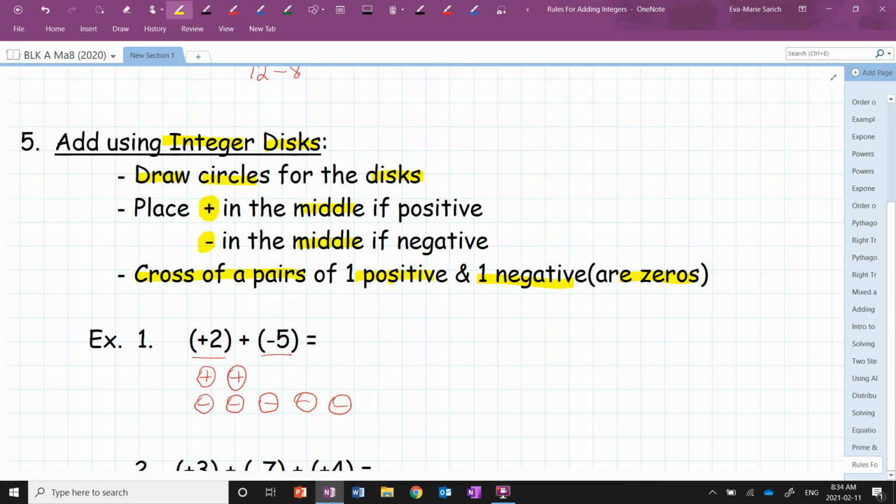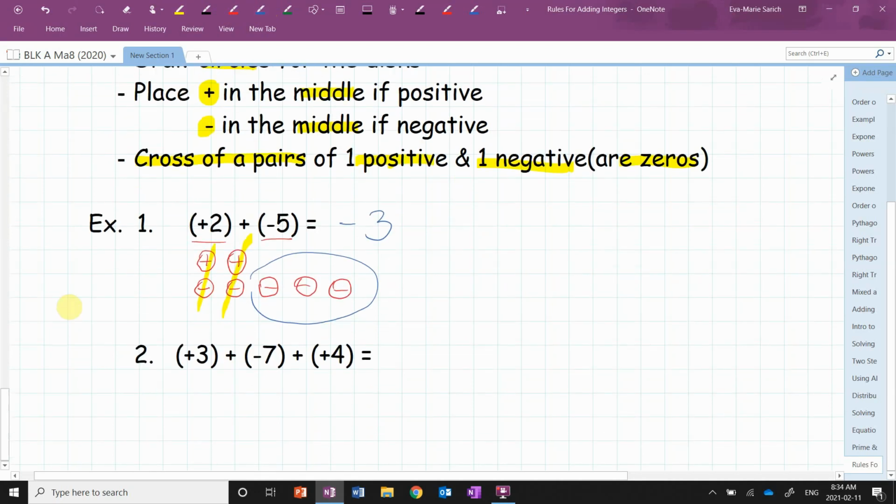And then you should clearly be able to see that this is a positive and a negative that will cancel each other out and become a 0. This is another positive and a negative that will cancel each other out and become a 0. And what we have left here is, in fact, the answer. So the answer is going to be negative 3.